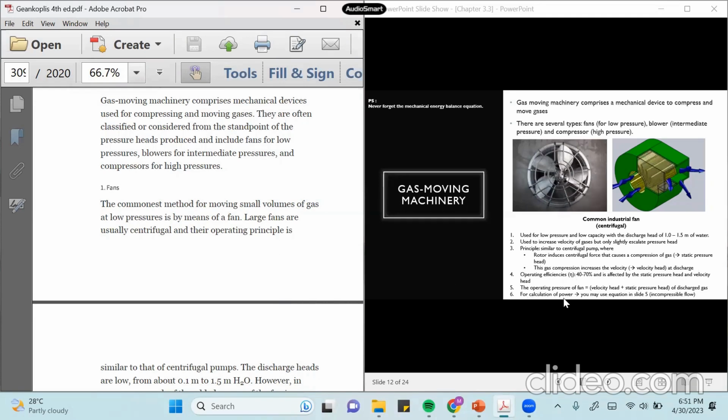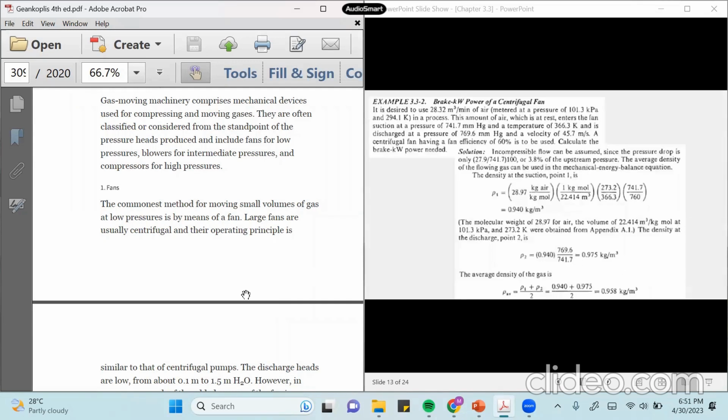For calculation of power, you may use the equation in slide 5 for incompressible flow, because fans only change the pressure head a little bit. So we can say that this fan moves an incompressible fluid, and that's why we can use the equations for incompressible flow to calculate the power of this fan.